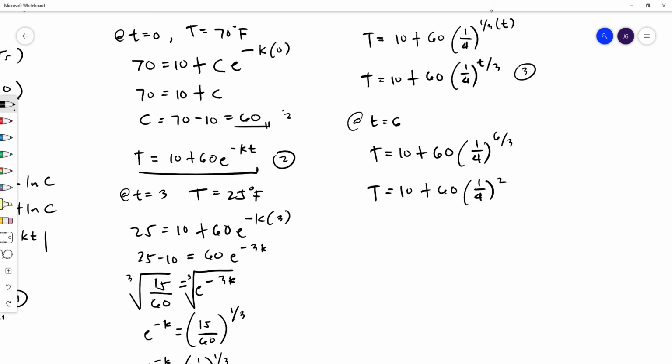And we have T is equal to 13.75 degrees Fahrenheit if we calculate the last equation.